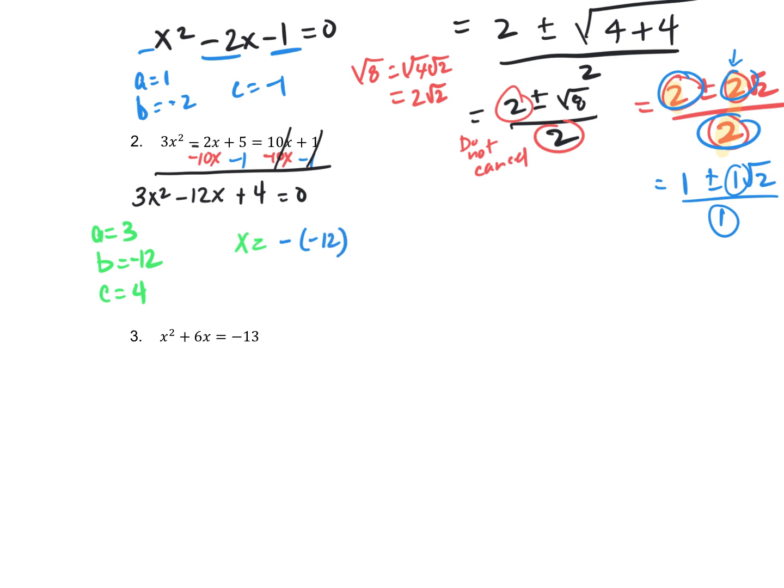So minus b, which is this, plus or minus, here we go. B is negative 12, excuse me. We're going to square that, and then we're going to minus 4 times a times c, all over 2 times a.